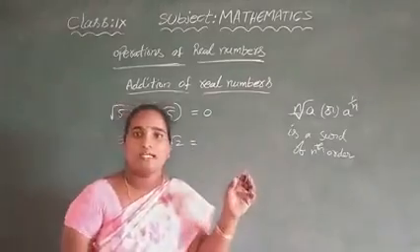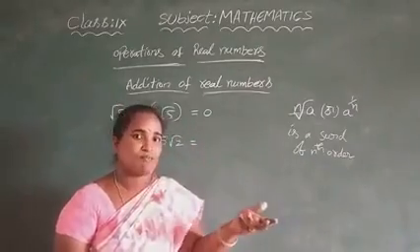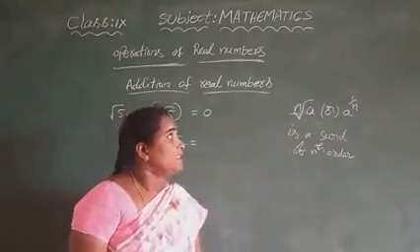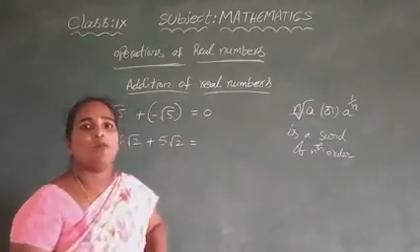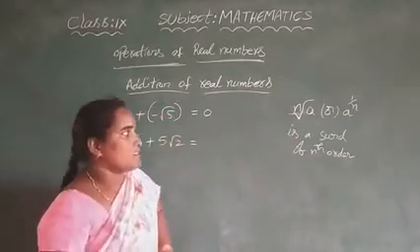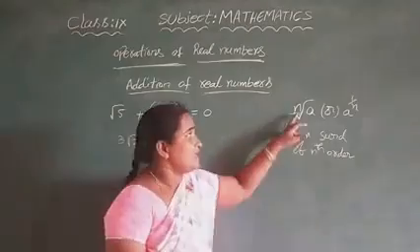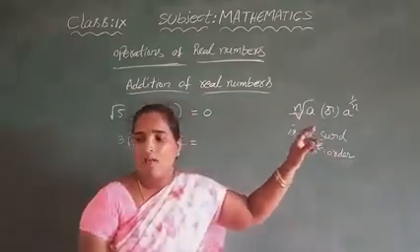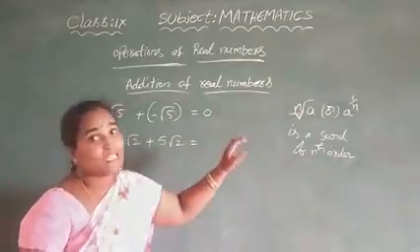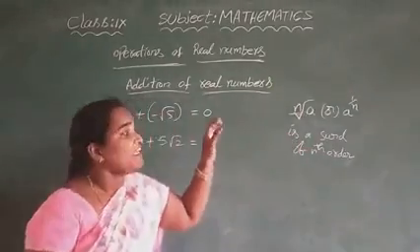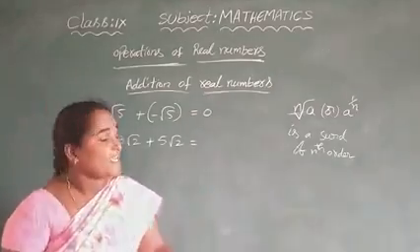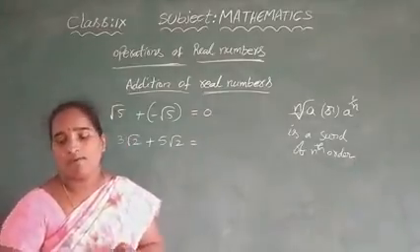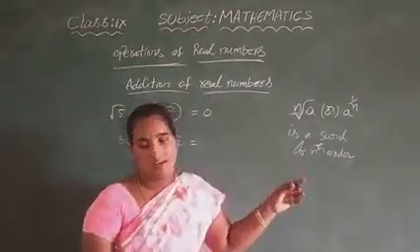These surds you can learn in the next class, in intermediate classes. Here, A is a positive rational number but not the nth power of any rational number.